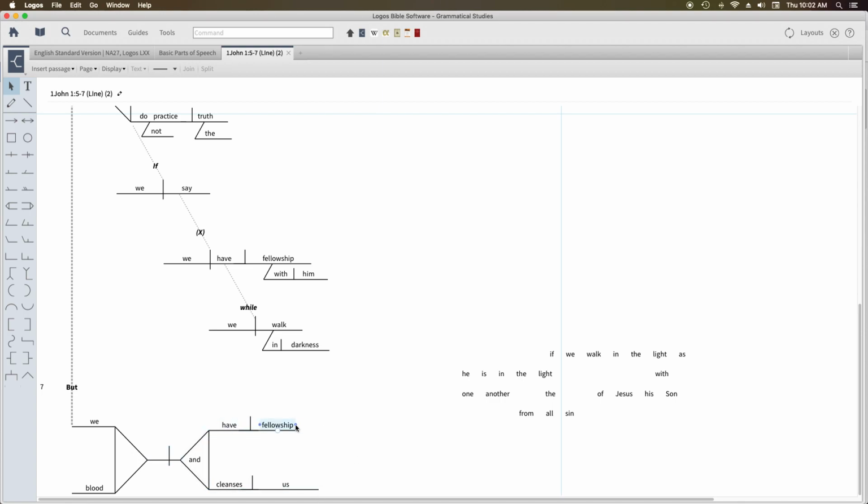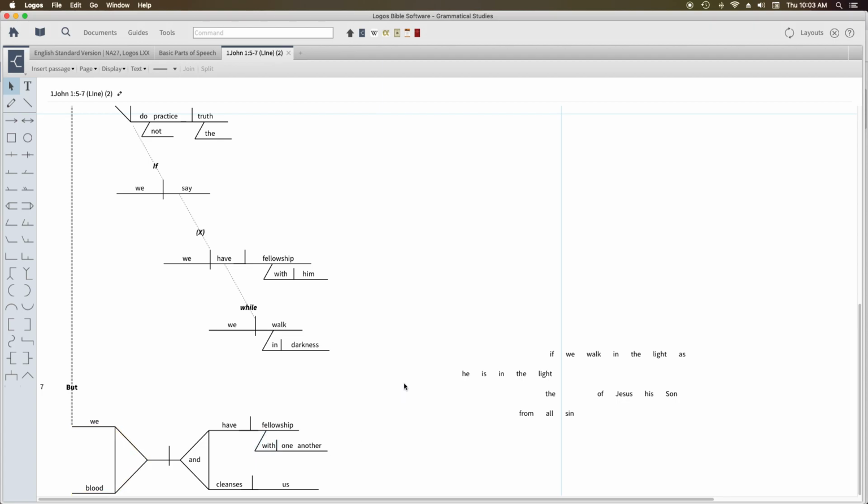We have fellowship, and then with one another. And again, this one another is kind of acting as a single unit, so I'm not going to diagram them separately. Even though it's two words in English, I'm treating it as one unit.